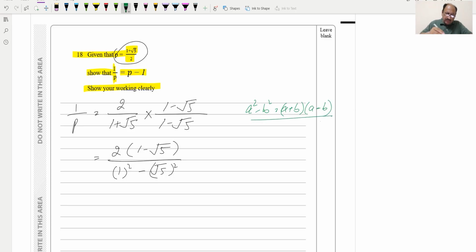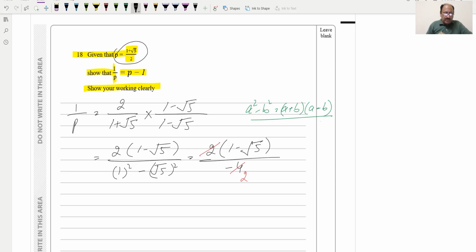This is the formula which I have applied, and now we can rewrite it as 2 into 1 minus root 5 over 1 minus 5, which is minus 4, and we can cancel: 2 2s are 4, so minus 2 will be there.